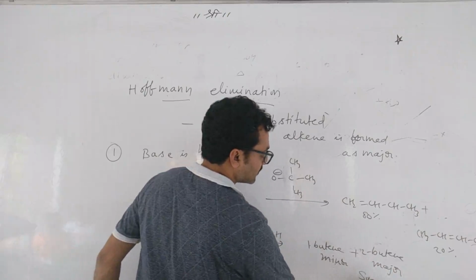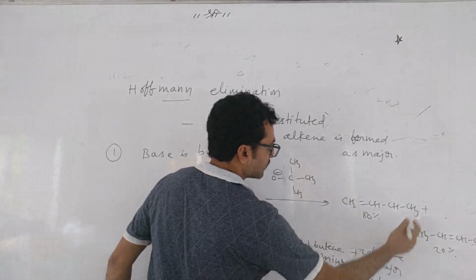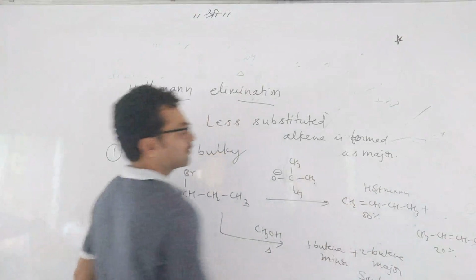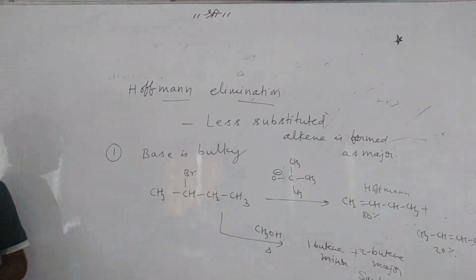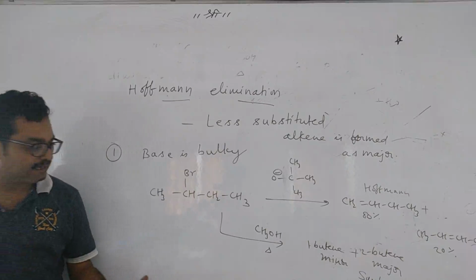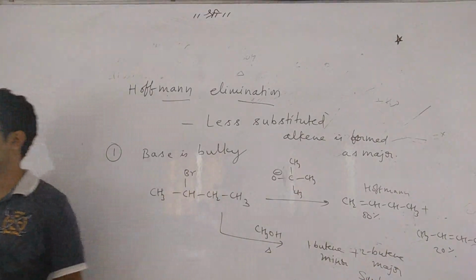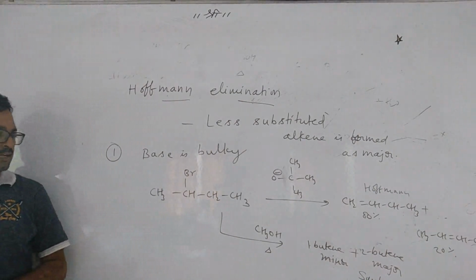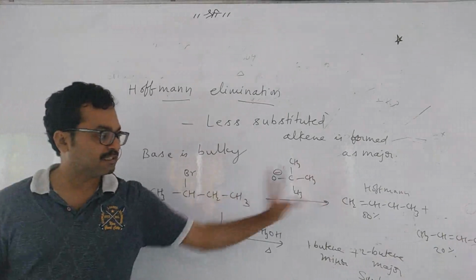This is called Saytzeff rule, and this is called Hofmann product. When a bulky base is there, Hofmann is the major one. When a small base is there, weak base or small base, then Saytzeff is the major one. Are you understanding? First point. If the base is bulky, this is the major one.